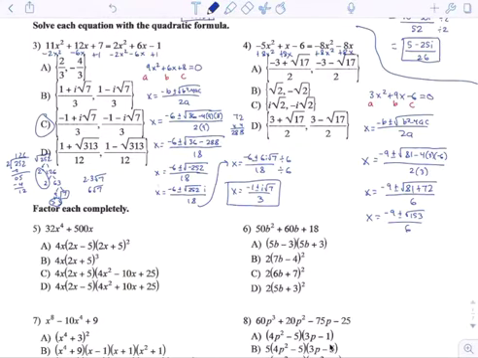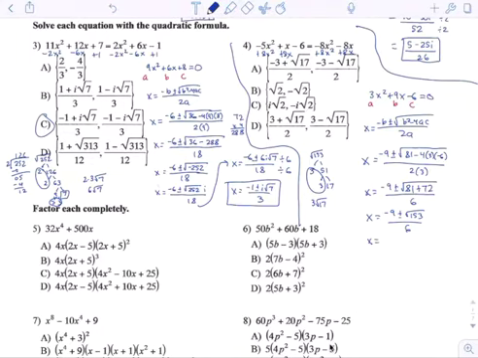Now we have to simplify that radical 153. So rad 153, that's going to be 3 times 51, and that's 3 times 17. So I find a pair, right? So 3 radical 17 is a simplification.